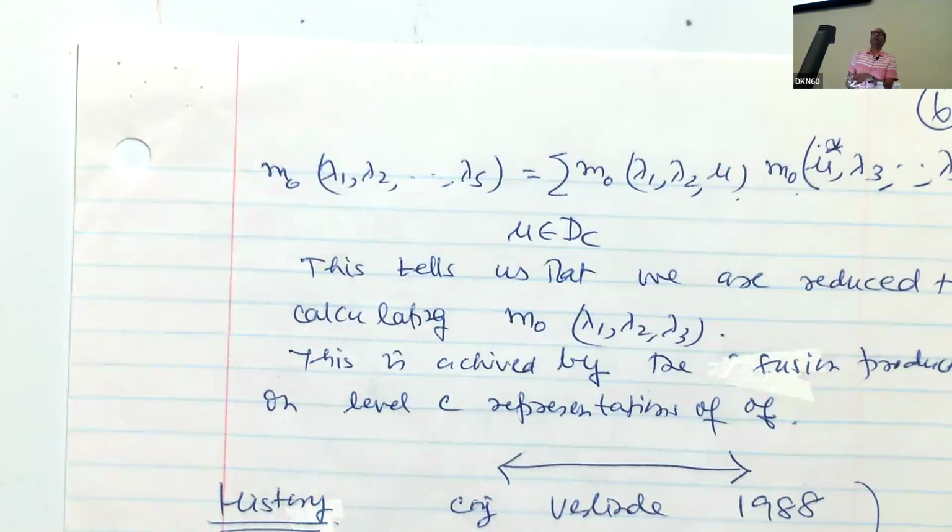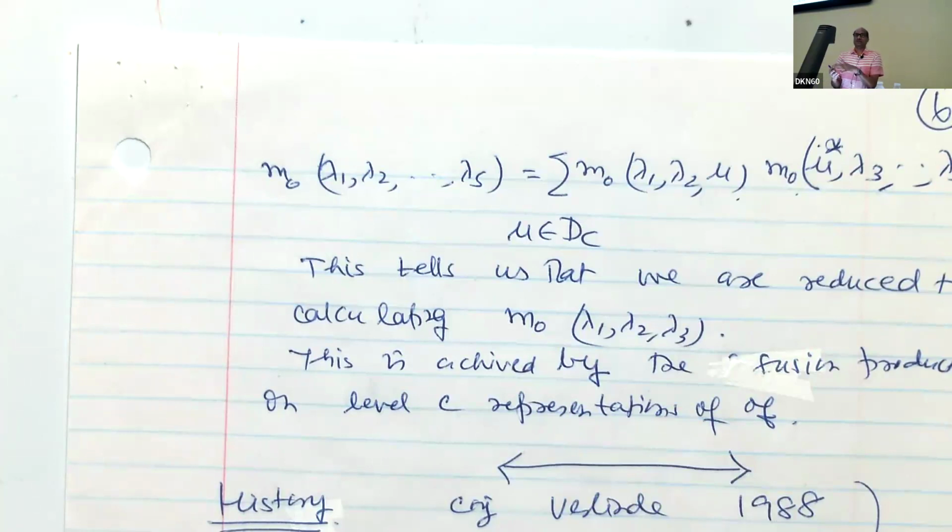Now, there is a simple algebra which encodes all this information and spits out the result. A very easy algebra which can take care of this situation. But we have to worry about the 3 points. So we have to calculate the dimension of a conformal block on P1 with 3 points. And that is encoded in what is called the fusion algebra associated with the Lie algebra G. And the fusion algebra is basically, I will just say a one line explanation: you take the tensor product of representations of G, but you cut off the representations at central charge c.